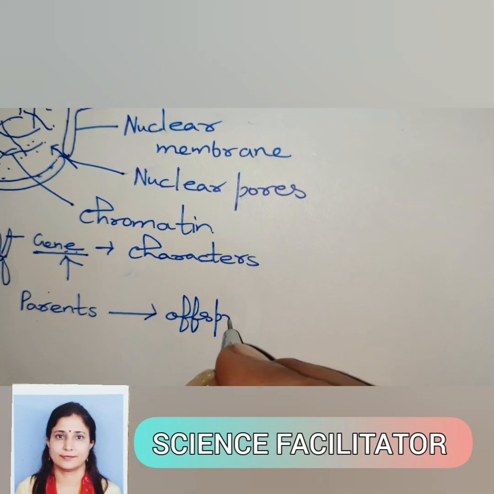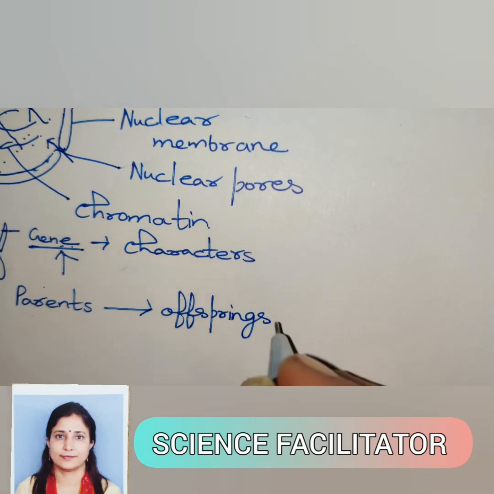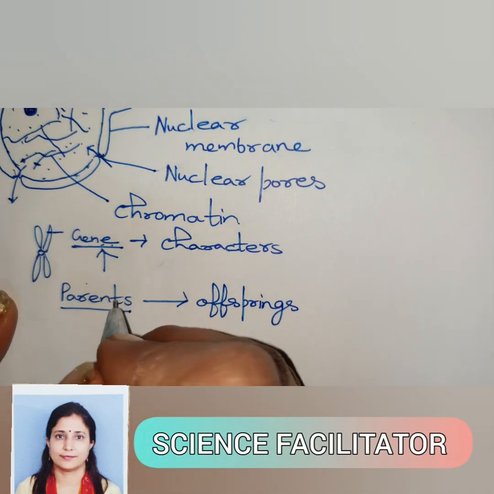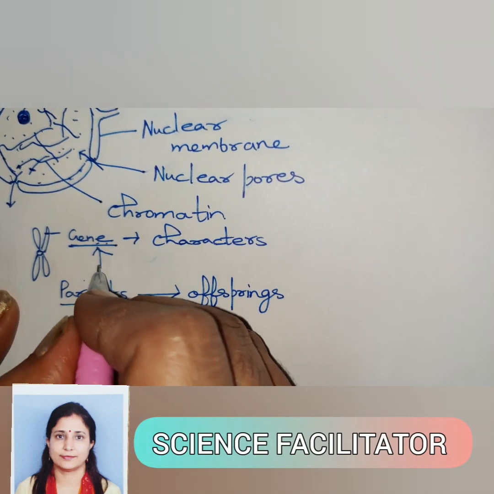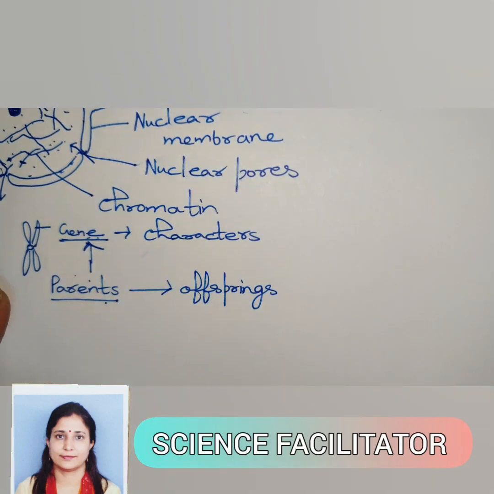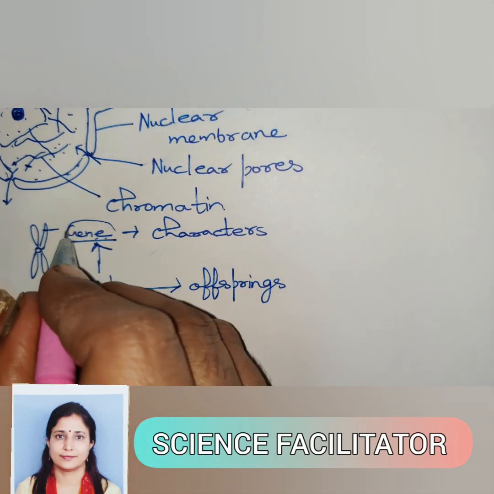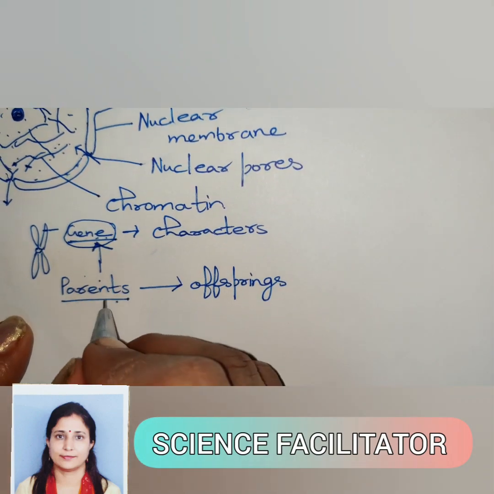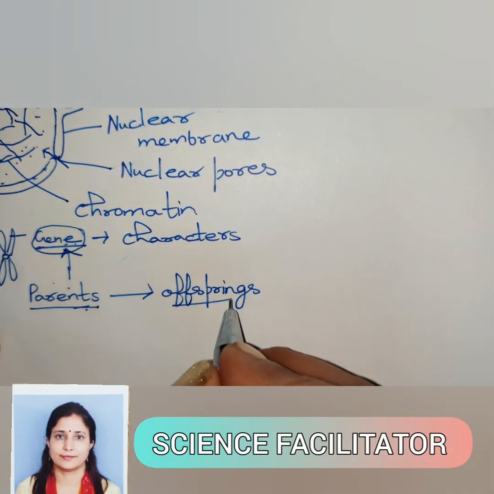We children look like our parents. We have many similarities with our parents because of what we get from the parents, these genes on the chromosomes. So these genes are hereditary units which transmit characters from the parents to the offspring.